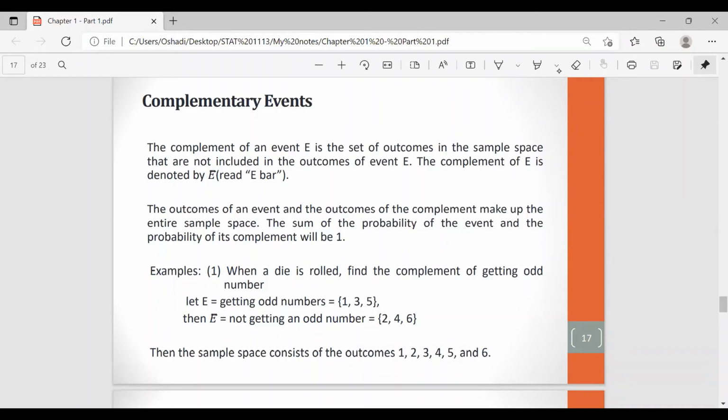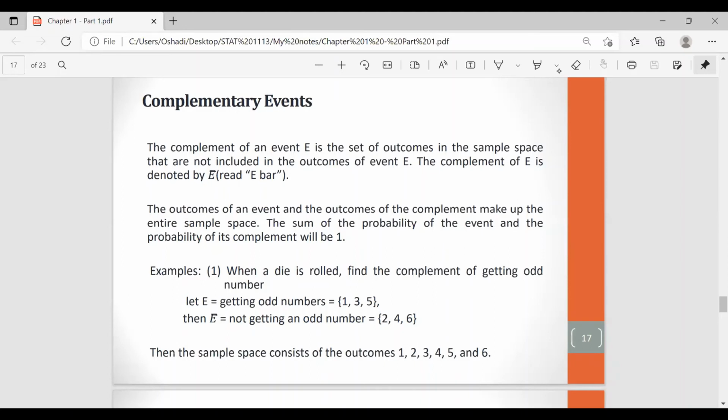When we discuss an example, you will get what the complement is. The outcomes of an event and the outcomes of the complement make up the entire sample space. The sum of the probability of the event and the probability of its complement will be 1, right?